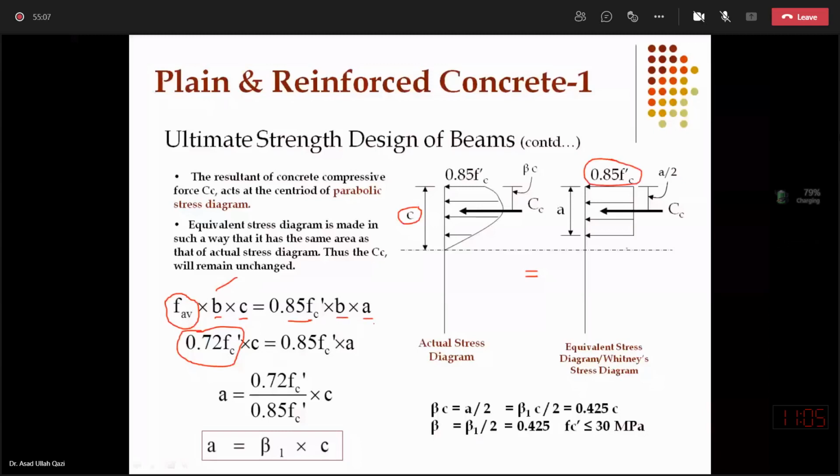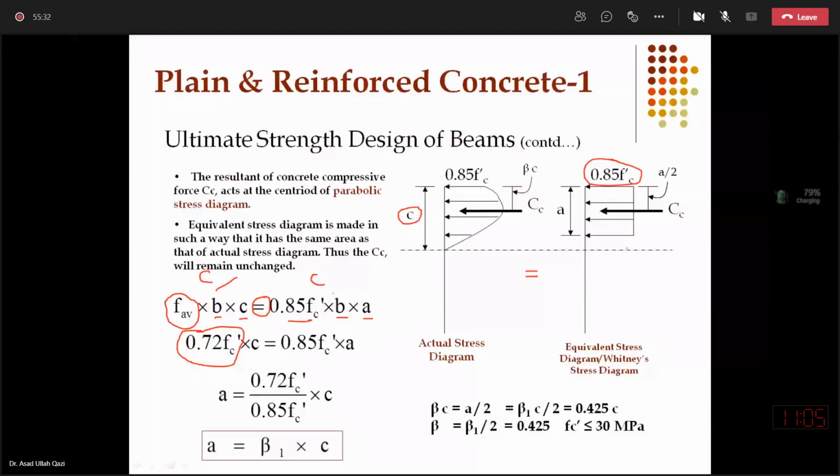So I am making both of them equal in order to claim that answers from both of them are the same, because on the left hand side you will get C, on the right hand side you will get C. The left hand side C you will get from the actual picture, and right hand side C you will get from the simplified picture. You made them equal.